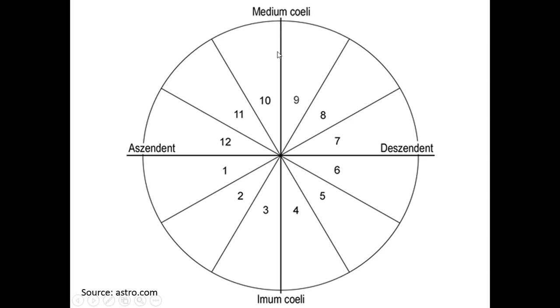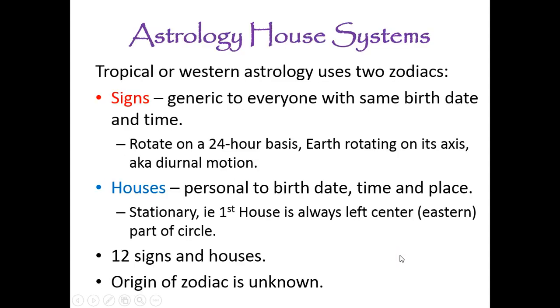I can't pronounce this, but this is the midheaven, and this is the nadir. And many of us are familiar with this. And we're familiar with these 12 houses being stationary, and we're familiar with the 12 signs rotating around these 12 houses every 24 hours.